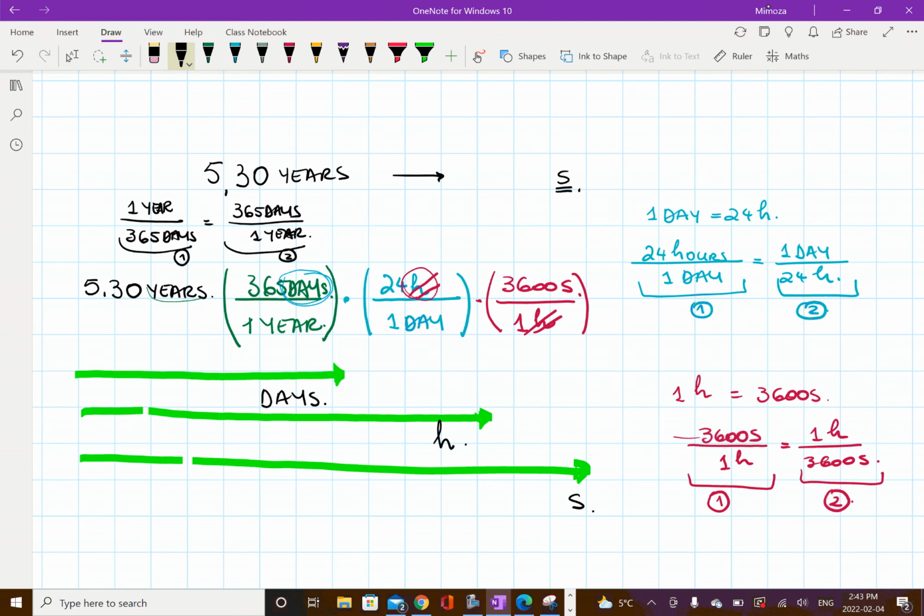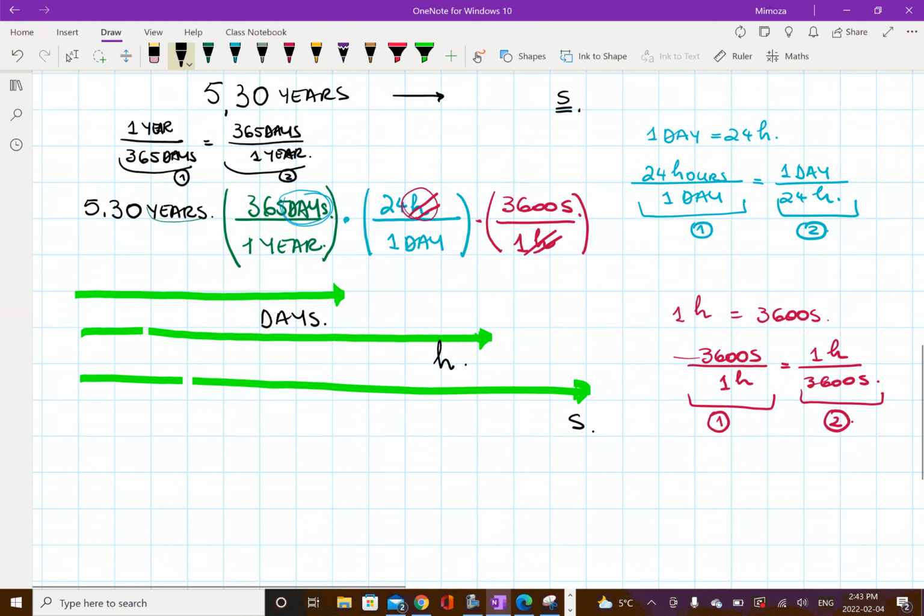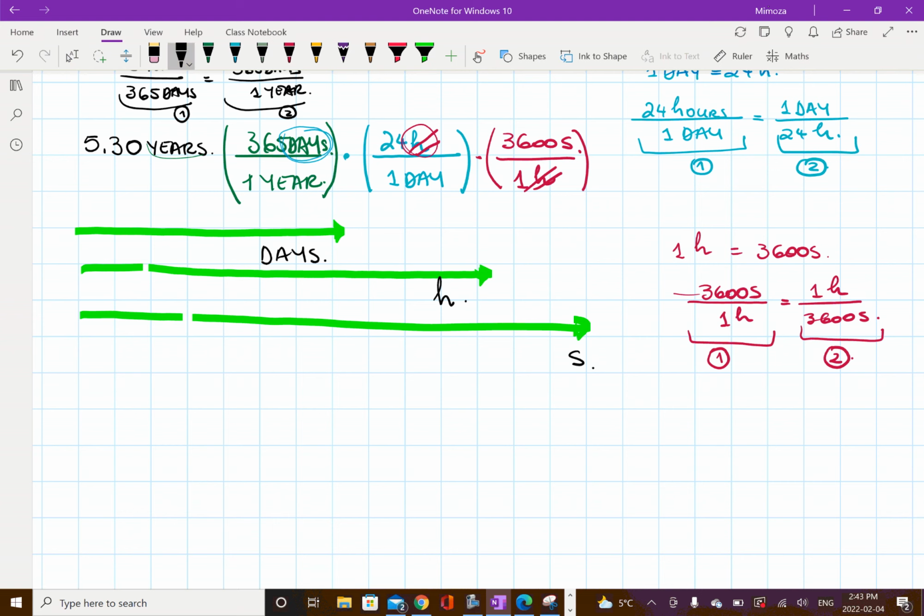We wanted to convert the 5.30 years into seconds. And that means that as a calculation, we will have 5.30 times 365 times 24 times 3,600, and the units are seconds, and they are all over 1 1 1, which doesn't really matter.